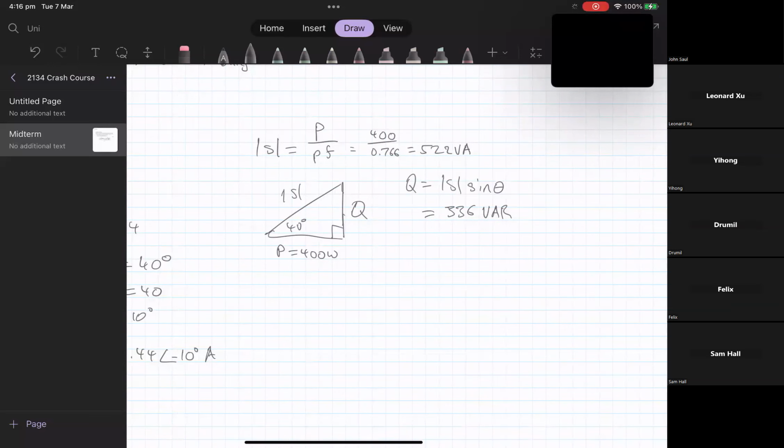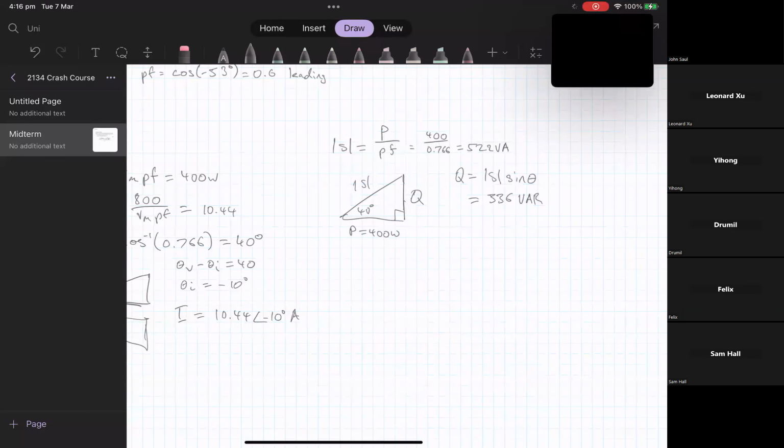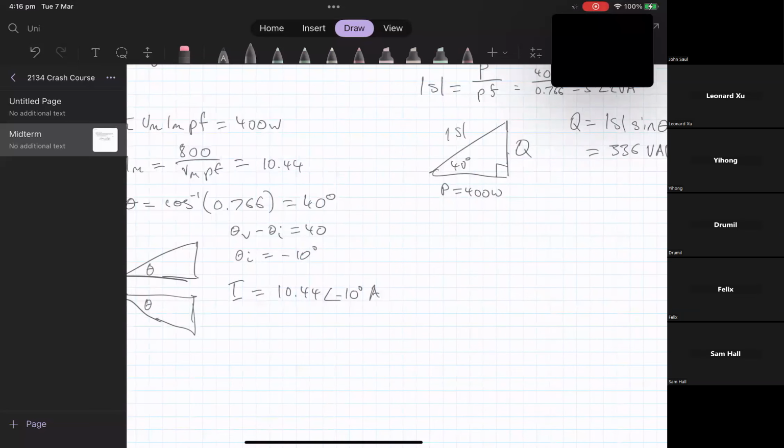Yep. Okay, and now it wants us to find the value of impedance Z. We know that the total impedance of our entire load will be the voltage divided by the current from Ohm's law.